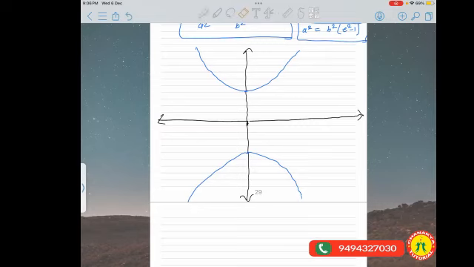This will be the conjugate hyperbola diagram. So anyone can say the y-axis will be the transverse axis. Now this is the y-axis, this is the x-axis. So the y-axis is the transverse axis.